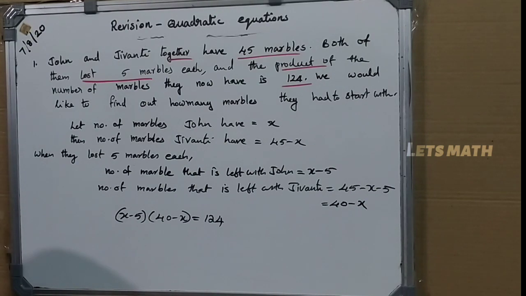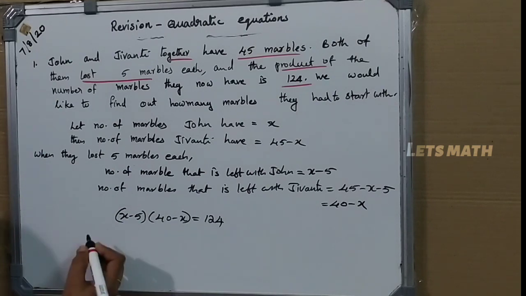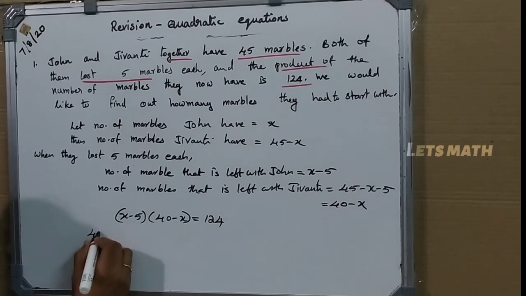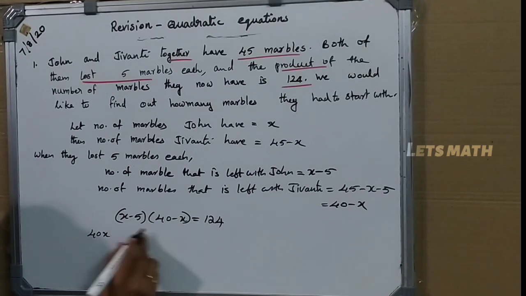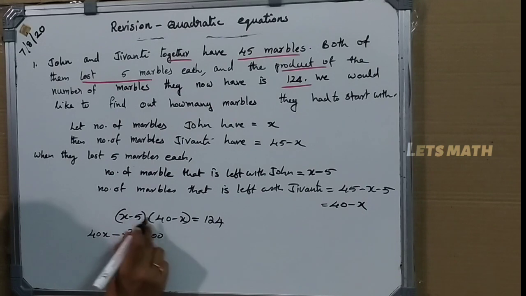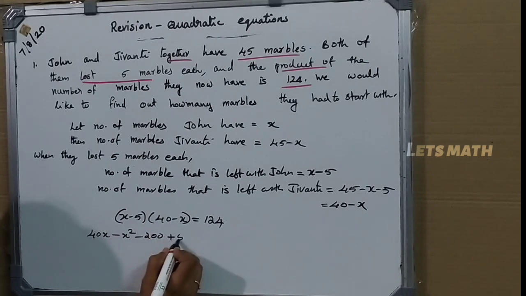Now let us rearrange it, removing the bracket by multiplying. 40 into x is 40x, minus x into x is x square, minus 5 into 40 is 200, plus 5x.